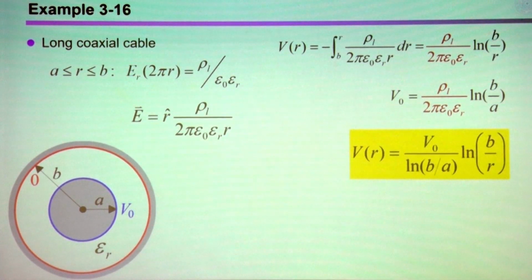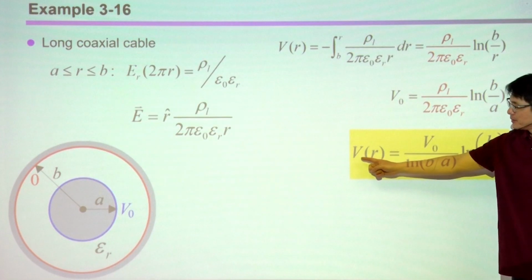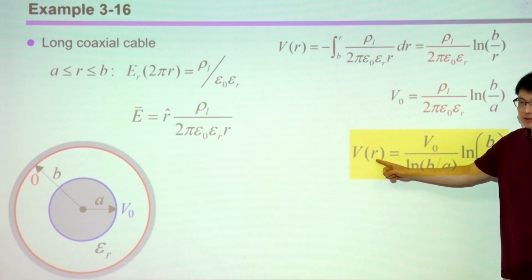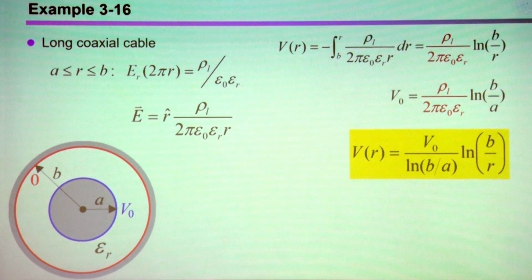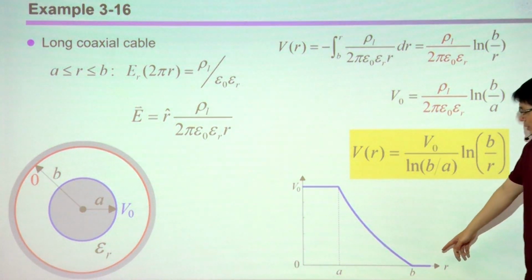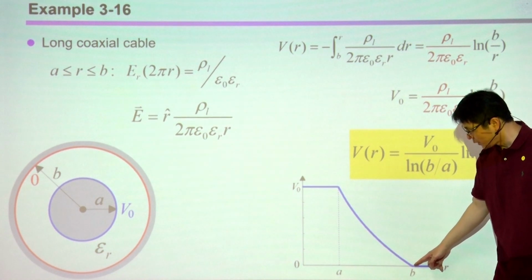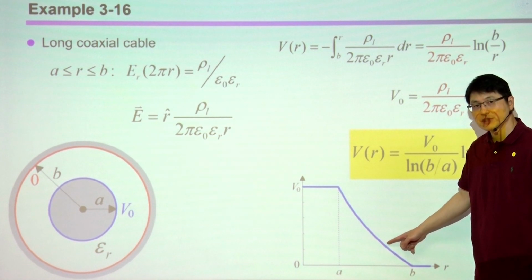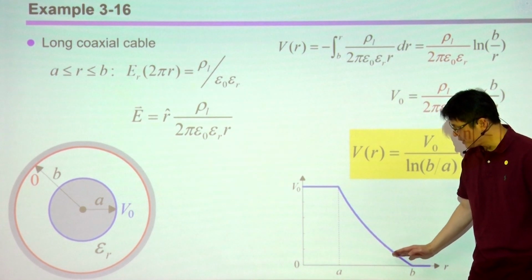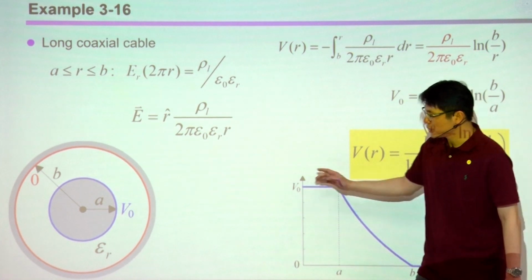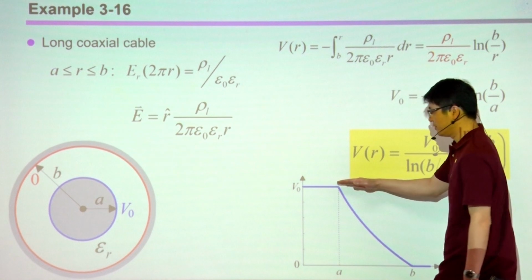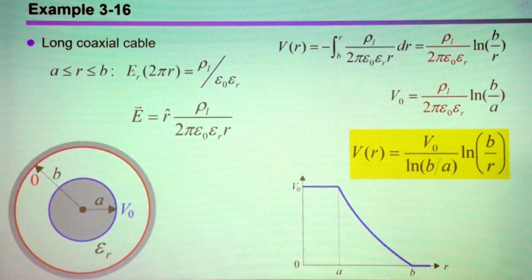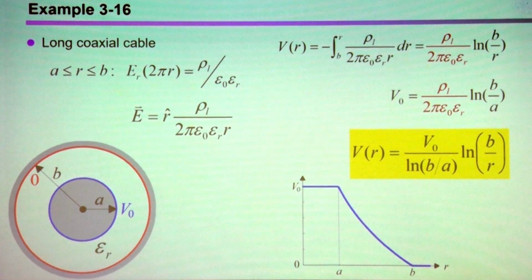Okay? So we can know that the potential as a function of the radius is expressed by this formula. And if you plot it, you are walking from the outer ground and you move closer to the center conductor, you increase your potential. But once you reach the center conductor, you have the same potential because it's metal, right? Potential has to be the same everywhere.